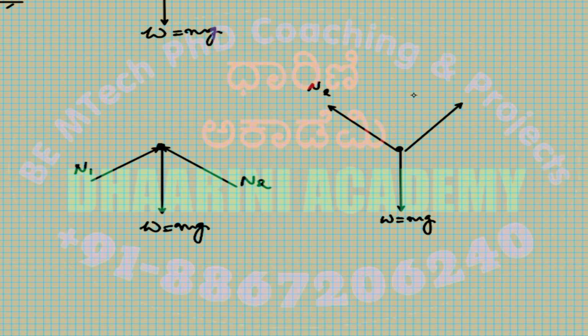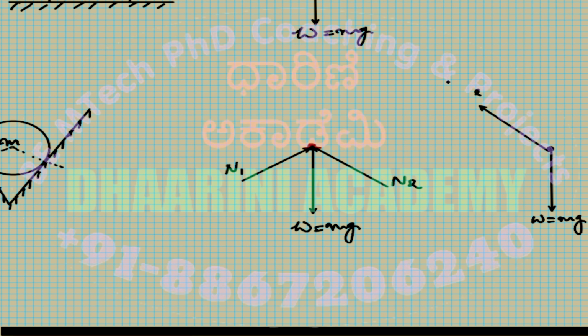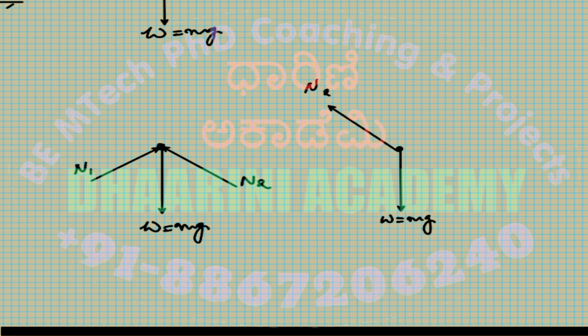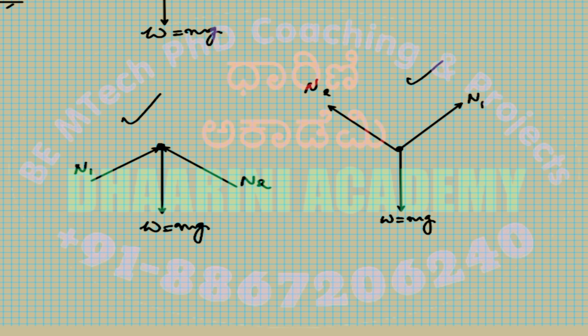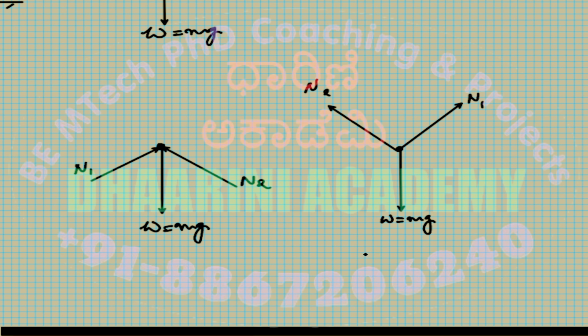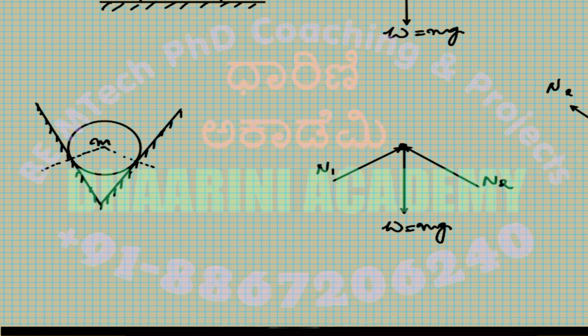Okay, let me correct this. So I just want this to move to the other side properly through the center. So this is the center, and I will write like this. So you see, this is N1. Both are correct. You can use this or this. As you can move the forces along the same straight line, if you move the force further, there is no difference because it's a vector.